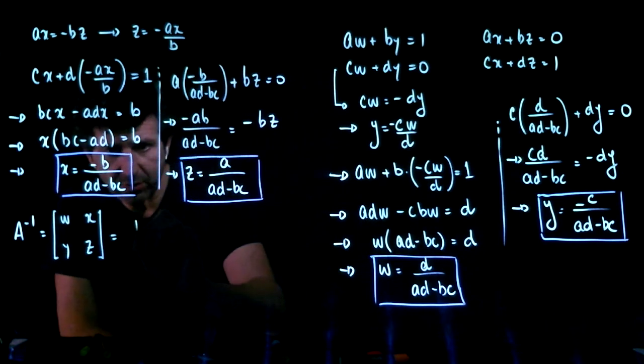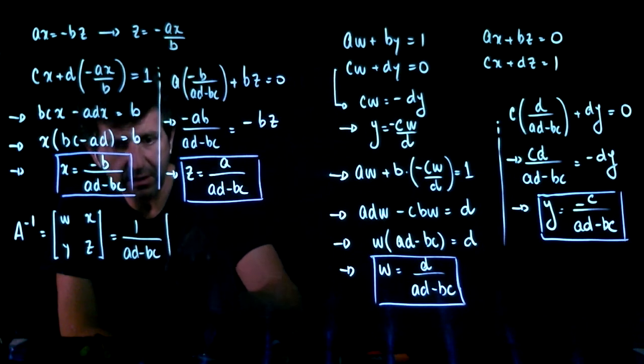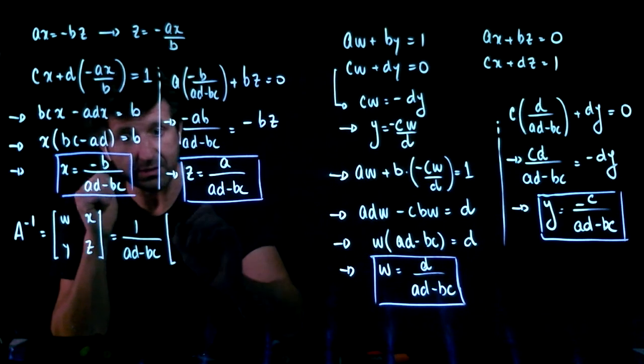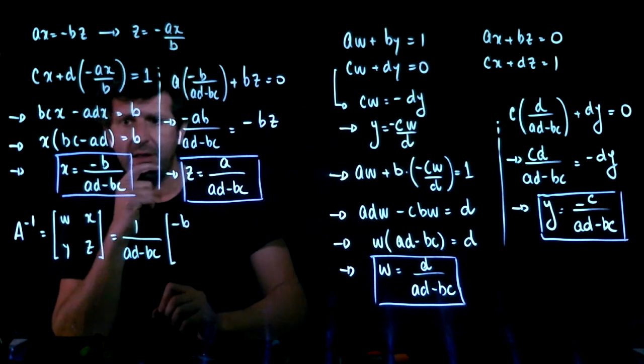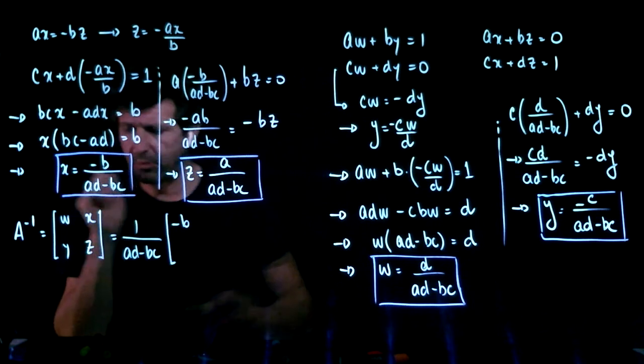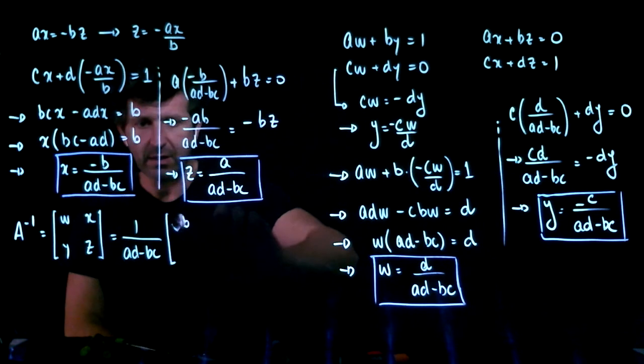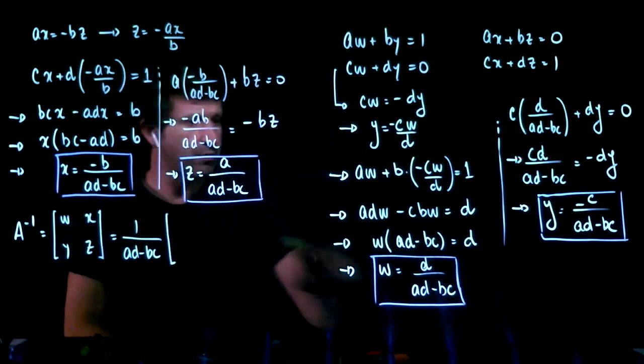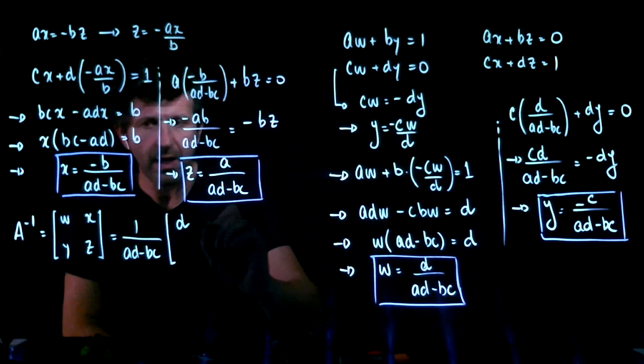So I could pull out a 1 over AD minus BC. And what's left inside? Oh, no, sorry, that's W. It's not X here. So W is here, which is D. X is going to be negative B. Y is negative C. And Z, which is just A.